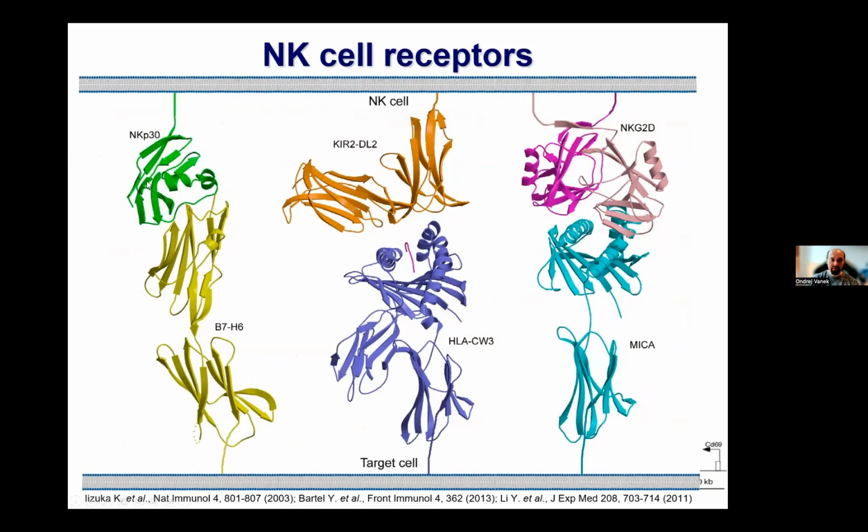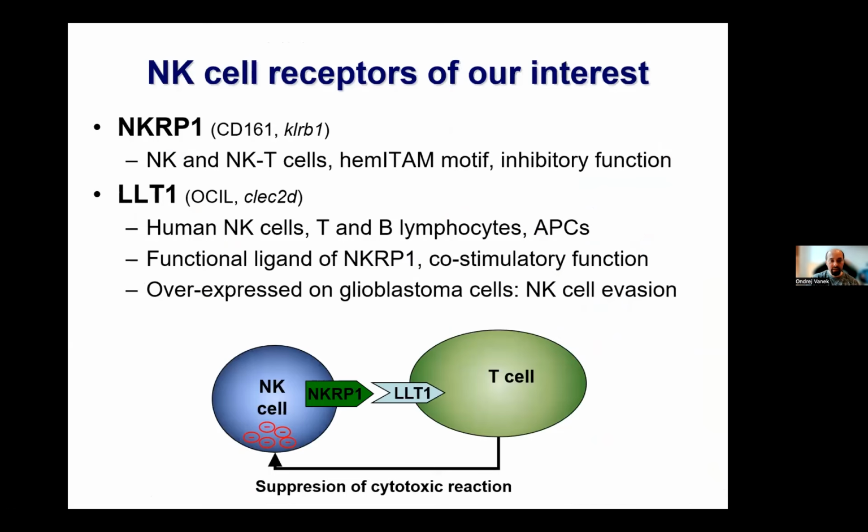But typically you see a monomer or monomeric complex in the structure. So this is really based on the observation in the crystal, and the question is how is it really on the cell membrane. So for example, this receptor ligand complex, which we are also studying, but I will not go into detail about this today, is also oligomerizing, forming bigger clusters on the cell surface, which is important for the signaling. And this is exactly what we are interested in.